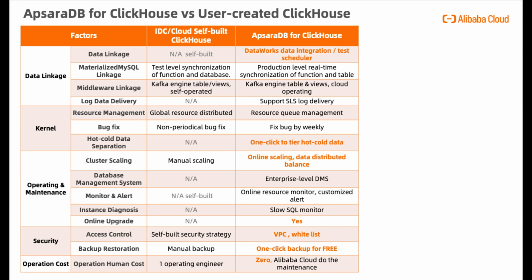And the third factor that we are talking about mostly in databases is operating and maintenance. There are a lot of functions in operating and maintenance. Let's focus on the most important one, which is cluster scaling, to scale up or scale down, scale in or scale out.